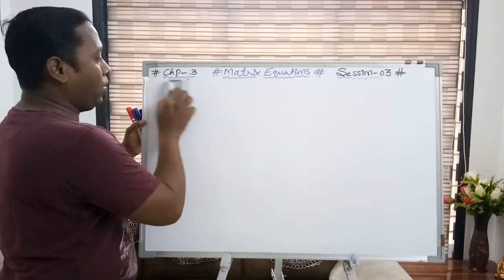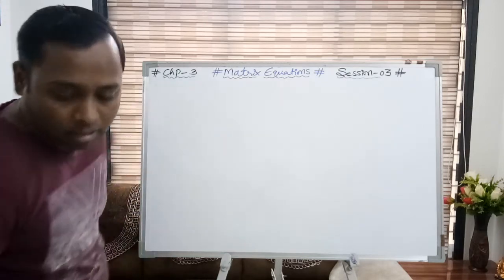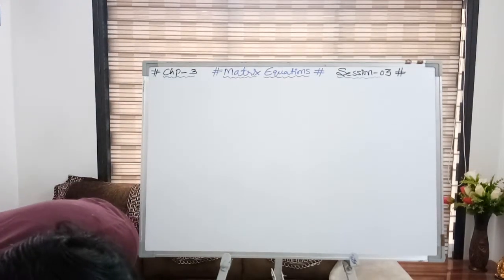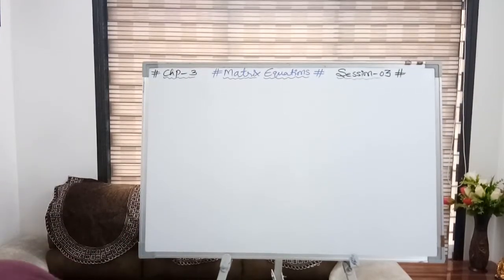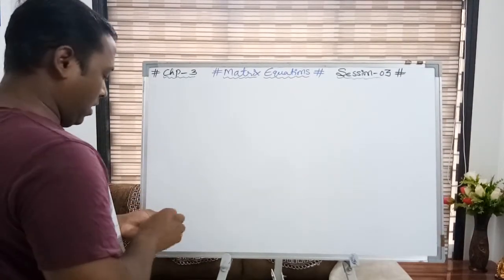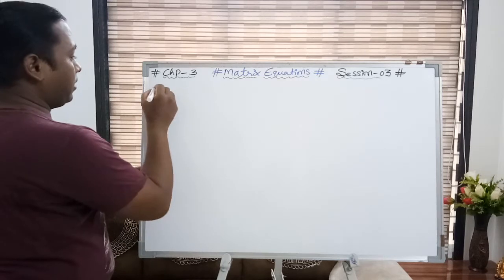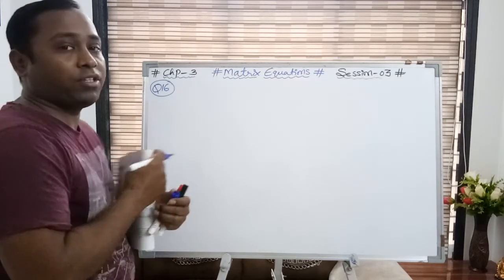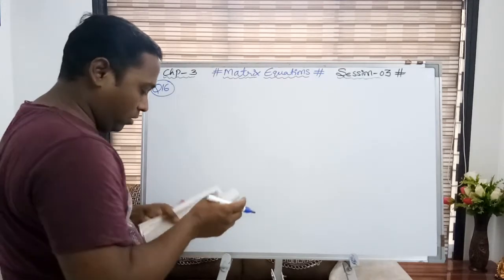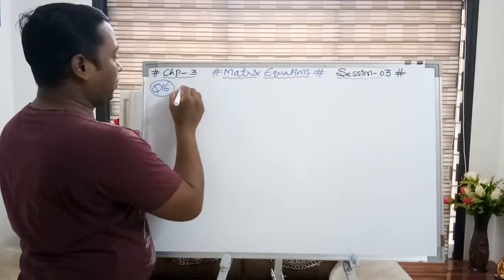So we are talking about exercise 3.2. In this exercise I would like to take question number 16, where you will see the matrix equation topic. What is question number 16?